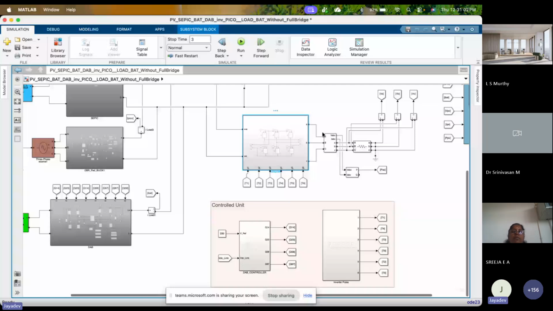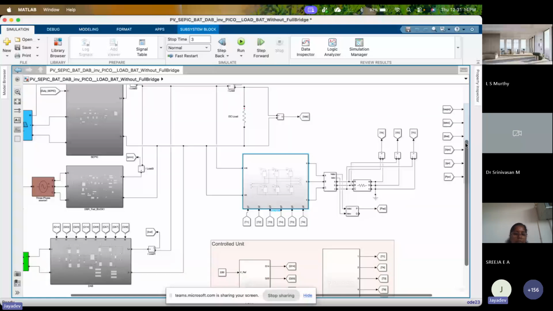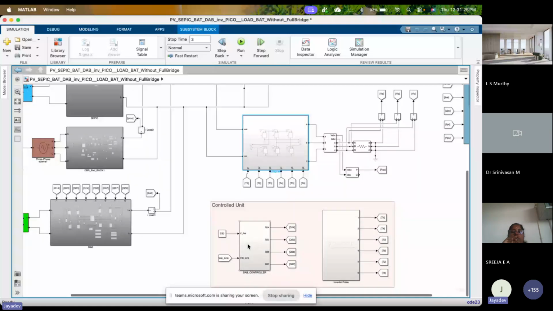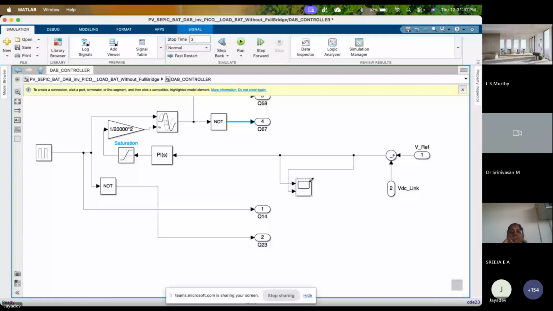Okay, sir. Thank you. So we are in the control unit. Basically, to stabilize the DC voltage, we need to sense the DC voltage. From VDC we sense the DC voltage, and it is given to the PI controller in terms of an error signal. The sensed DC voltage is compared with the reference one, and the error signal is fed to the PI controller.